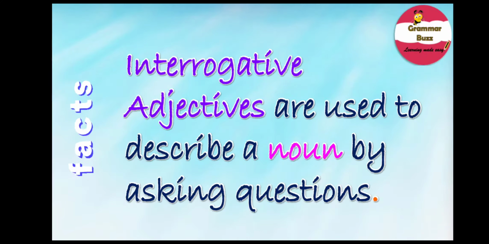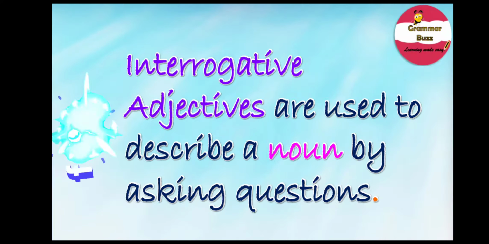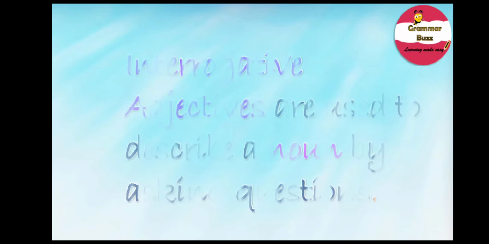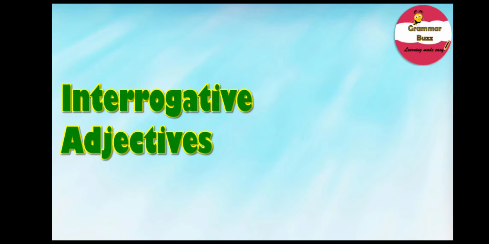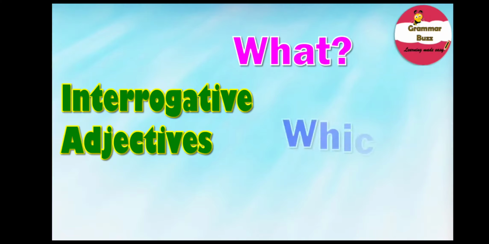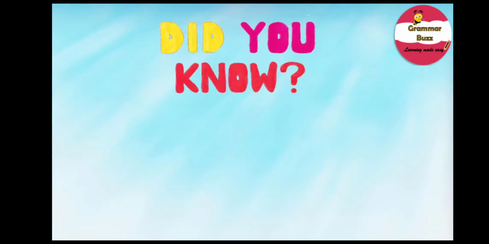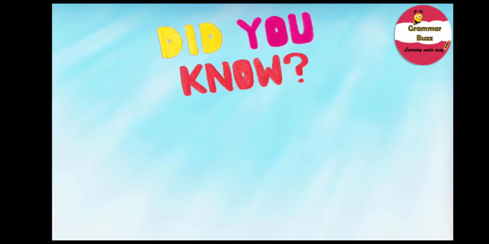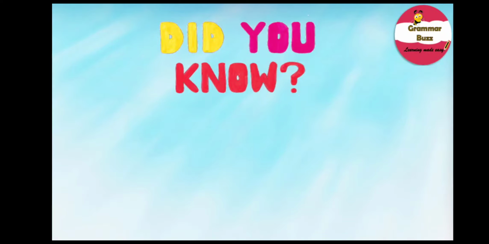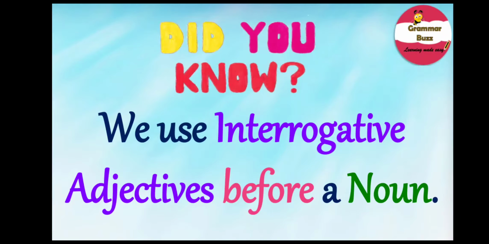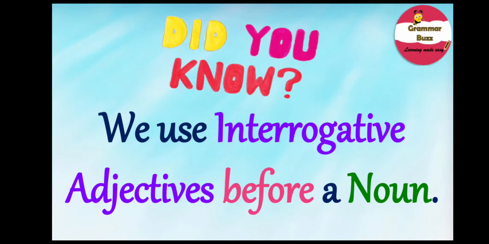Simple so far, right? Now let us find out some common interrogative adjectives. The common interrogative adjectives are what, which, and whose. Here we have our first did you know. Did you know that we use interrogative adjectives before a noun?